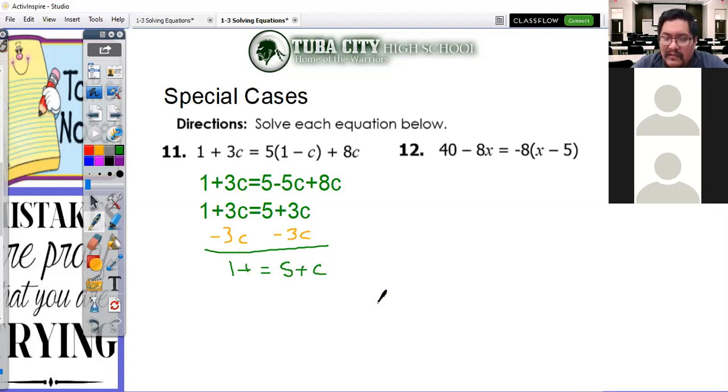And this is a bit of a weird one, because this happens a lot. And I ask students, what did you do? And they'll say, I minus 3c from both sides, and it canceled on this side, but became 1 on this side. And I'm like, you sure? You sure how that works? I mean, if you do the same thing on both sides, it should be the same thing.